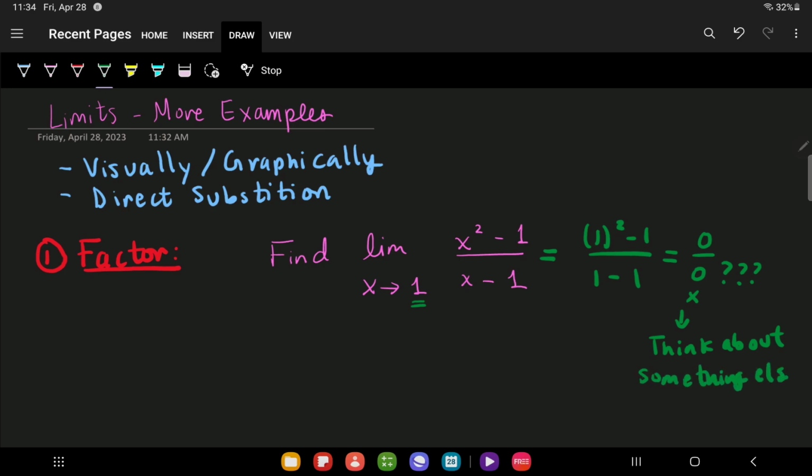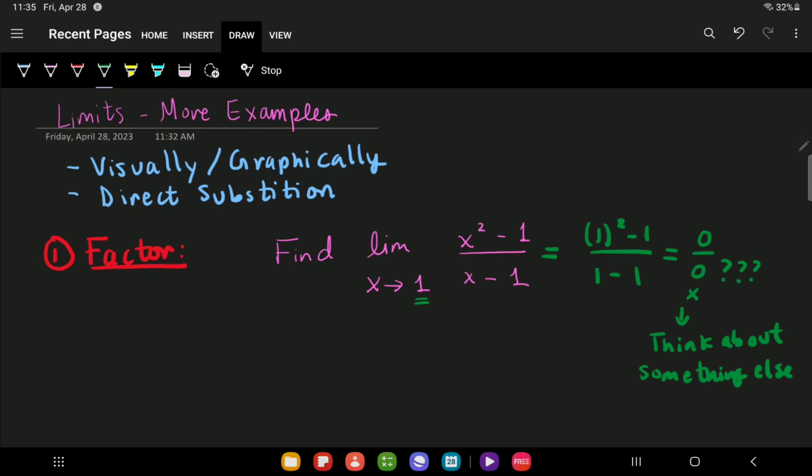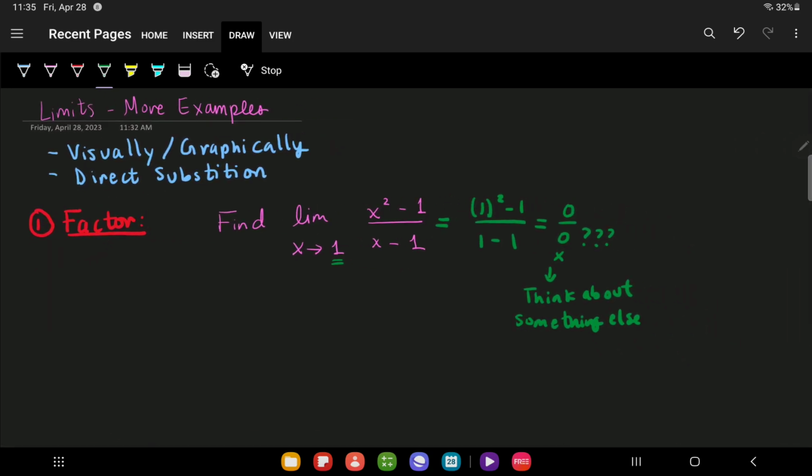Alright. So one of the techniques is, can I simplify this fraction? And I gave it away. One way to see is, if you have a polynomial, can it be factored? And it turns out x squared minus 1 can be factored by the difference of two squares.